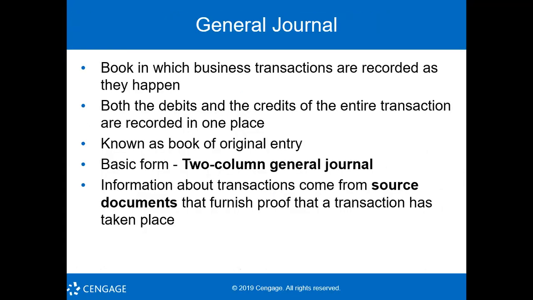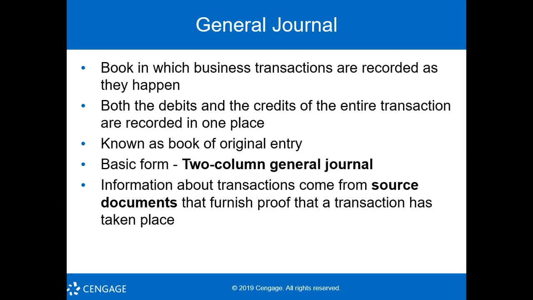Okay. So the general journal, and I know that the book refers to it as kind of the diary of the business, is known as the book of original entry. It shows the debits and the credits, the entire transaction, how we record that transaction. Similar to the T accounts, the general journal would have a column for debits, a column for credits. We get the information to record from our source documents.